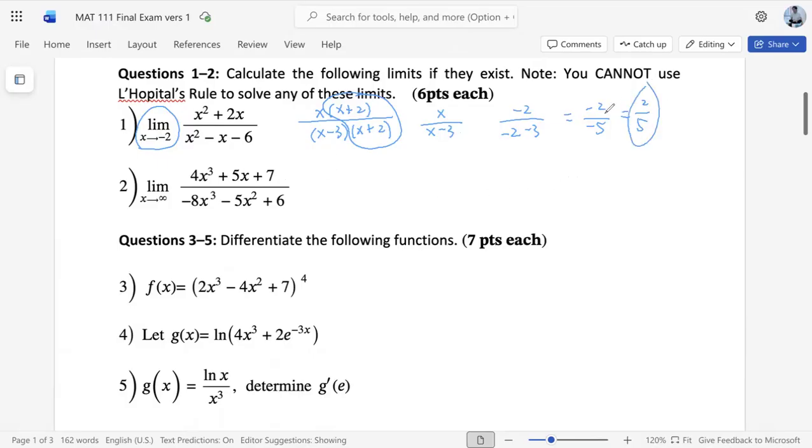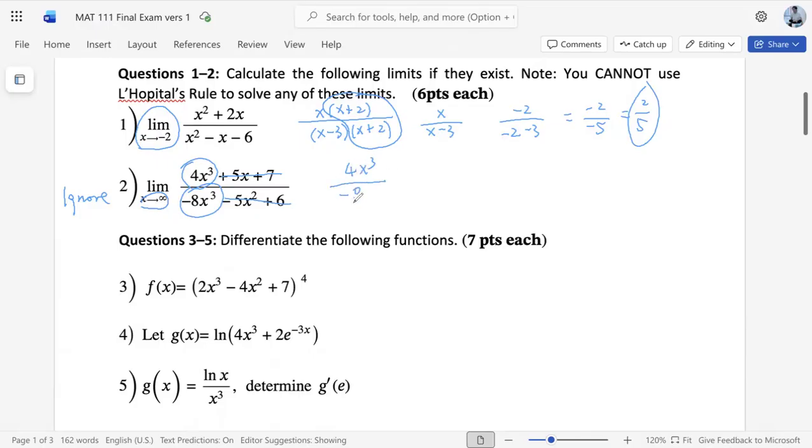So let's see the second one. The second one is x approaches infinity. Remember, when x approaches infinity, we use something called the ignore rule, which means we just ignore the lower terms. We only consider the leading term. So the leading term in the numerator is 4x cubed.